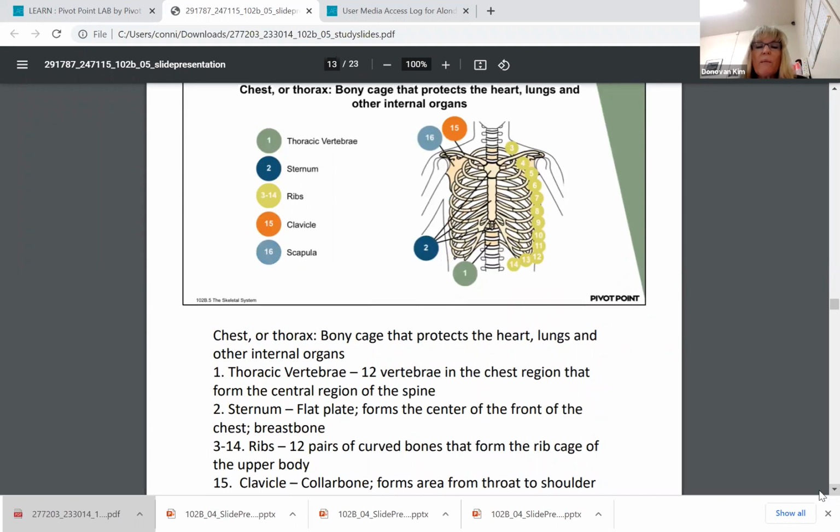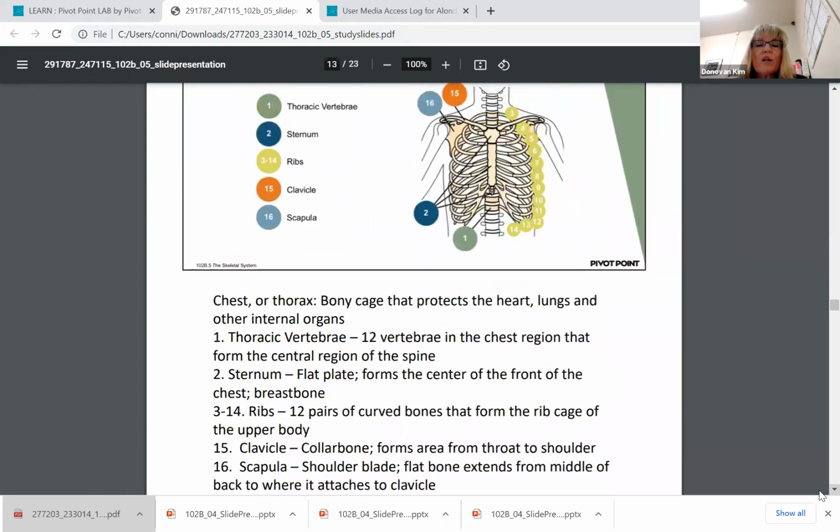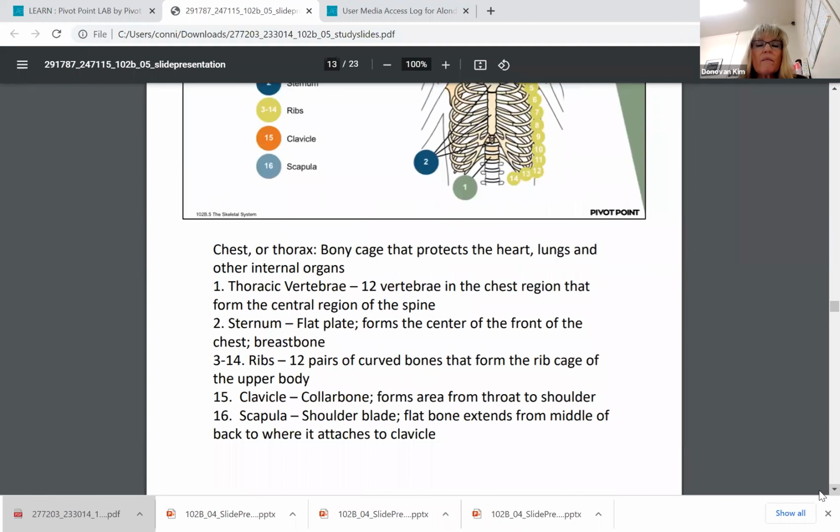Your sternum is your flat plate that forms the center front of the chest bone, or like your breastbone. 12 pairs of ribs that form the rib cage of the upper body. Clavicle is your collarbone. That's from your throat to your shoulder. And your scapula is your shoulder blade. That's the one in the back that kind of looks like your wings, where your angel wings should be attached.